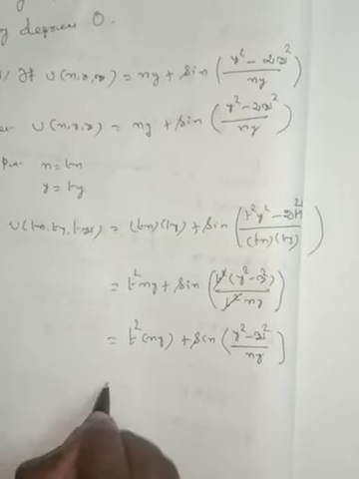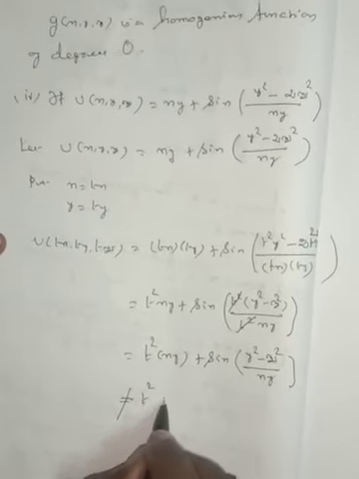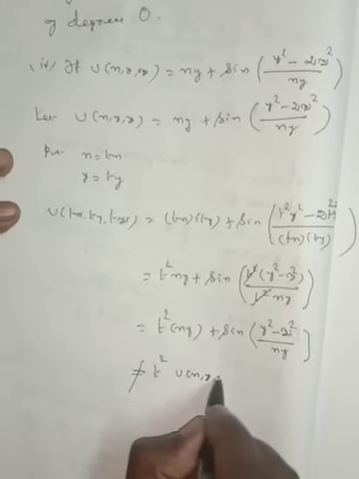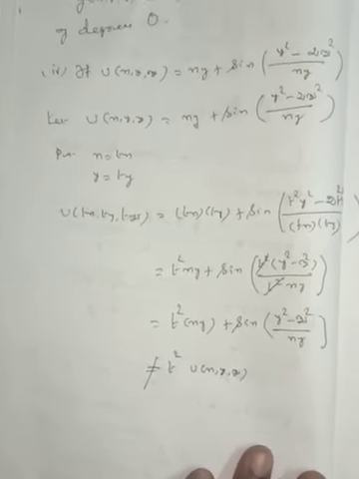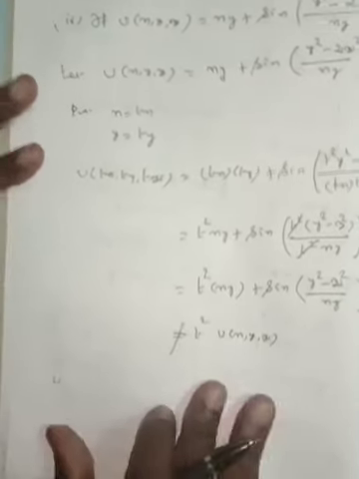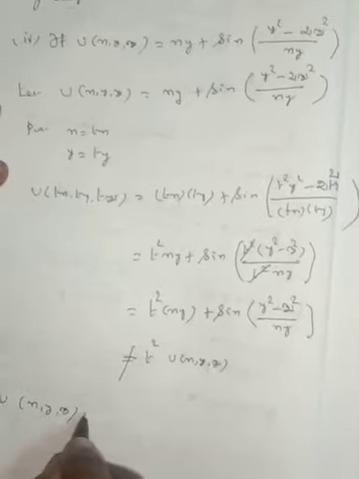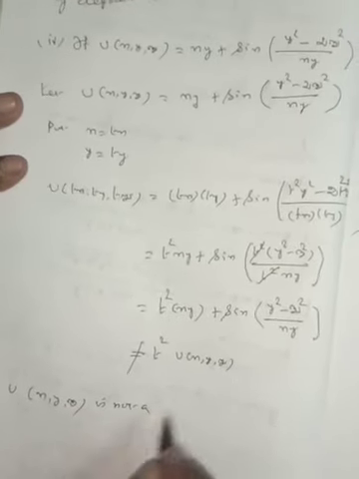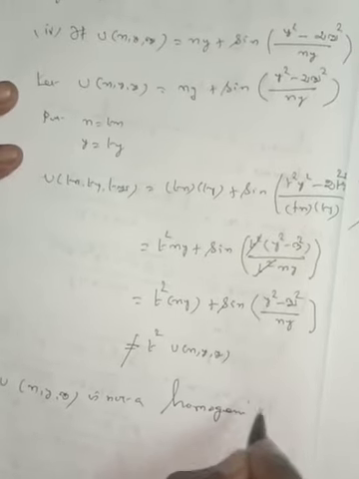This is not equal to t square of u of x, y and z. So it is not a homogeneous function. So in this case u of x, y, z is not a homogeneous function.